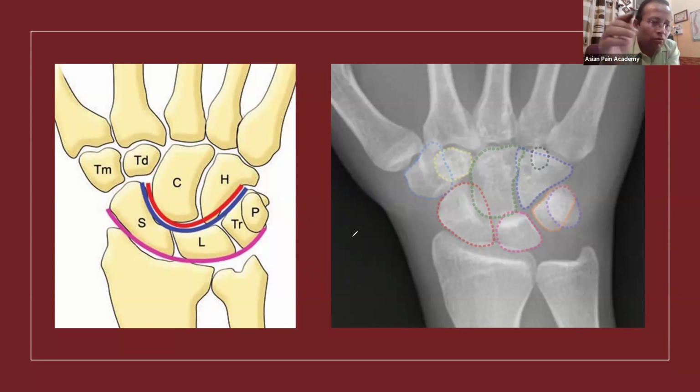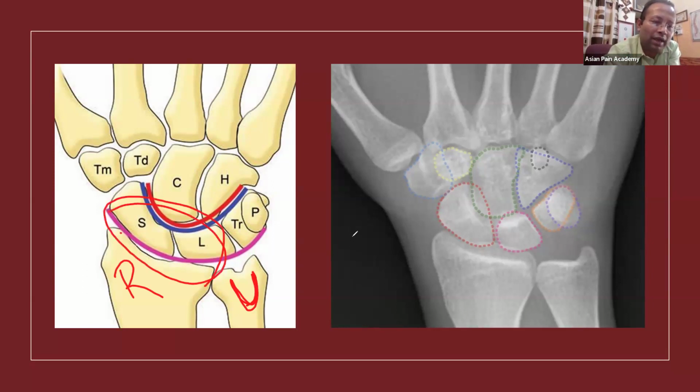Now some more important thing. So here, this is the radial side, and this is the ulnar side. So what are the bones actually articulating with the radius? So these two bones, scaphoid and lunate, they both have articular surface over the radius. So this is also an important part.